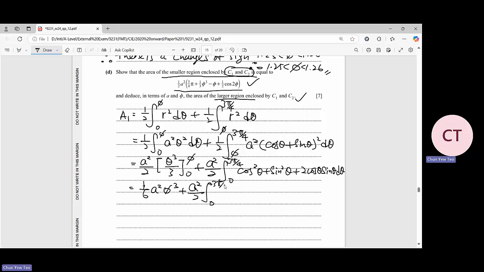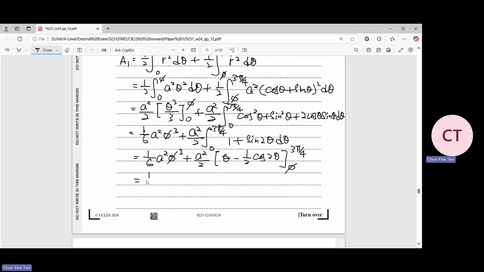Haven't integrated yet. We need to simplify them using the trigonometric identity. So this one is 1 over 6 A squared phi cubed, integrate theta minus a half cos 2 theta. Put the phi and 3 pi over 4 inside.